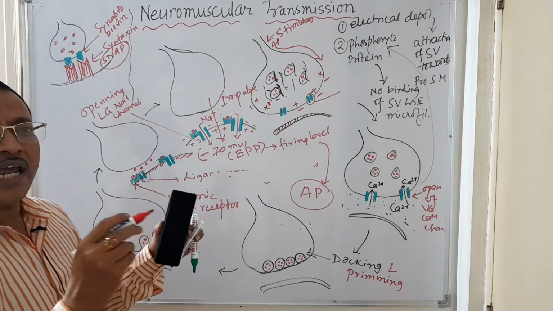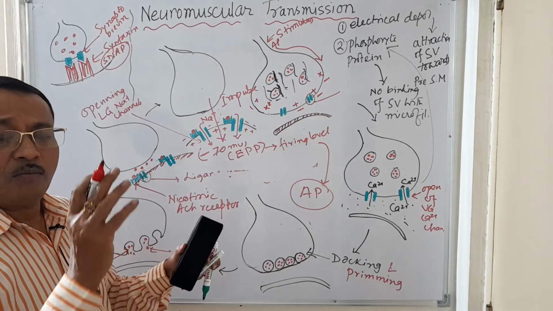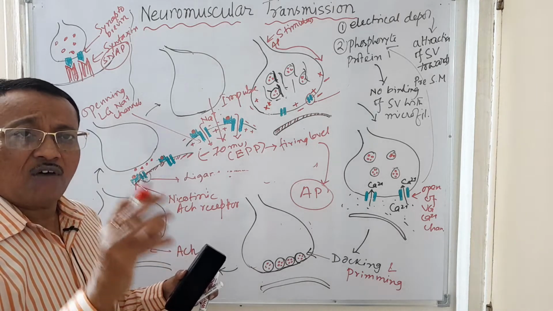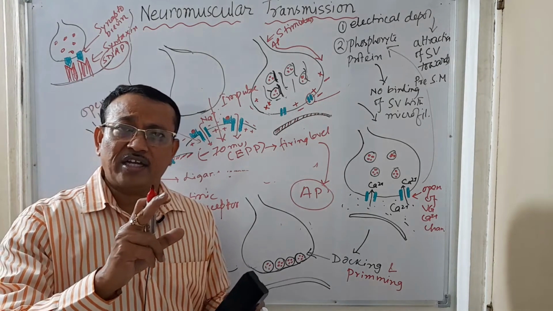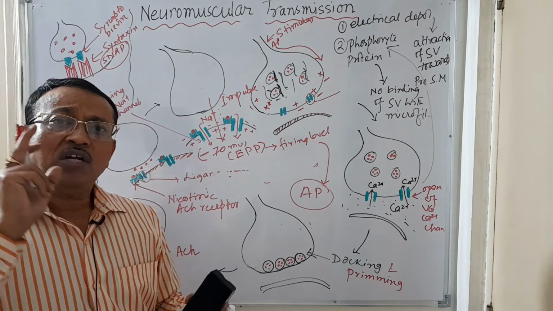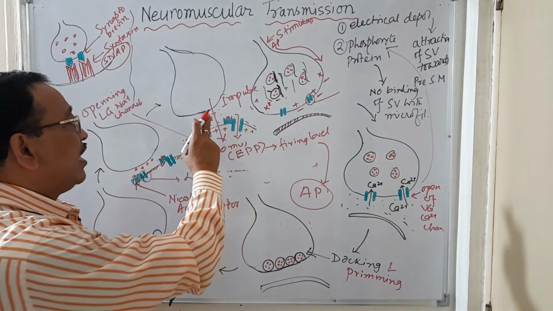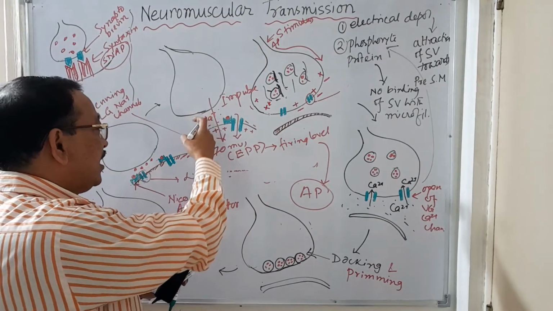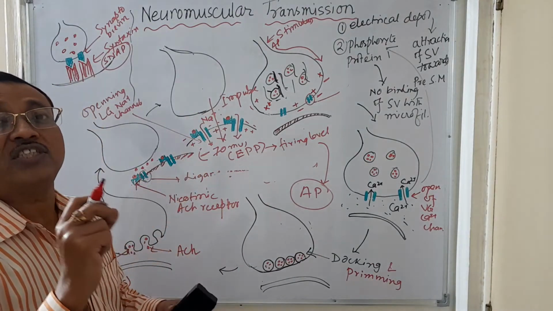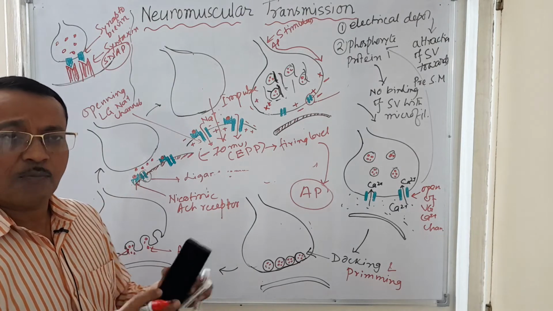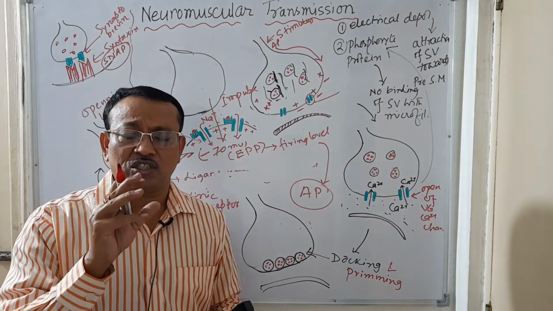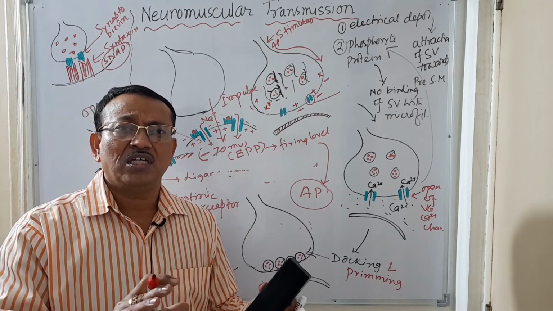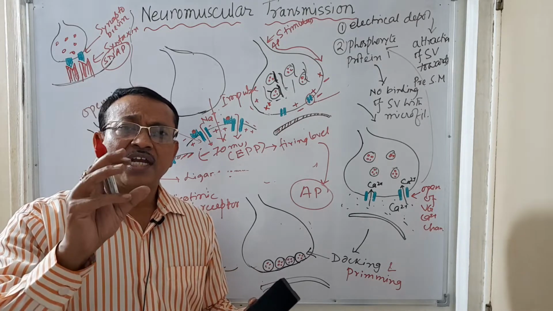Now, to produce the end plate potential from minus 90 to minus 70, whatever amount of acetylcholine is required, around 10 times more than that amount is released in response to stimulation. That means, suppose 10 molecules of acetylcholine are required to produce the end plate potential on the sarcolemmal membrane.